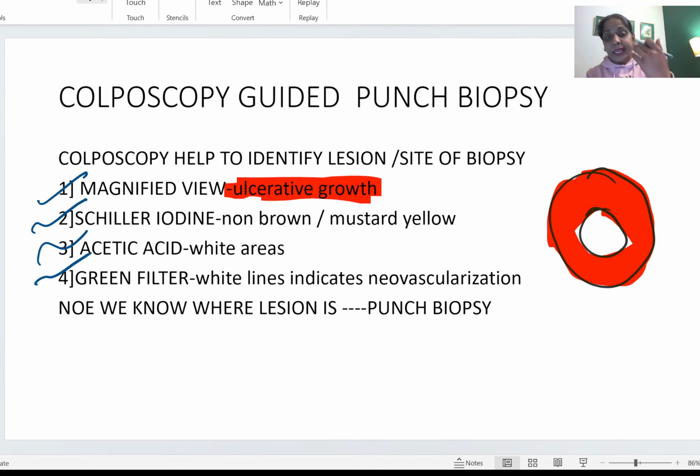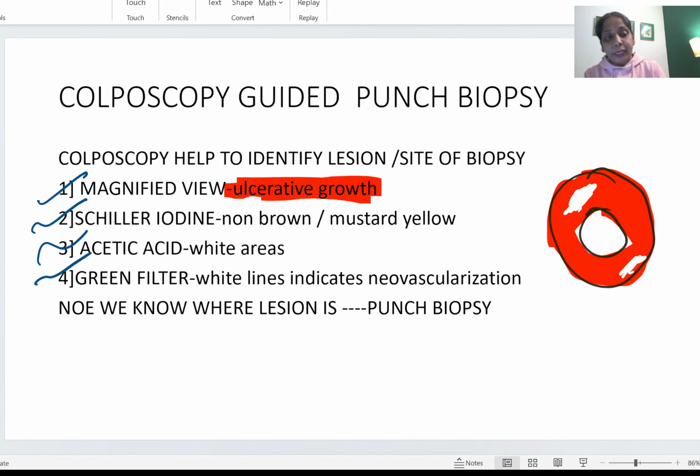Rapidly dividing cells have more protein, so on application of acetic acid, they will become white. Because they have cancerous cells, they have more DNA, they have more proteins.